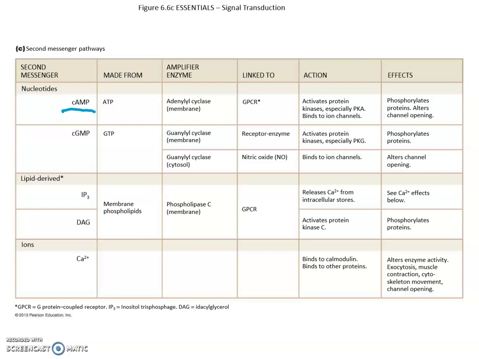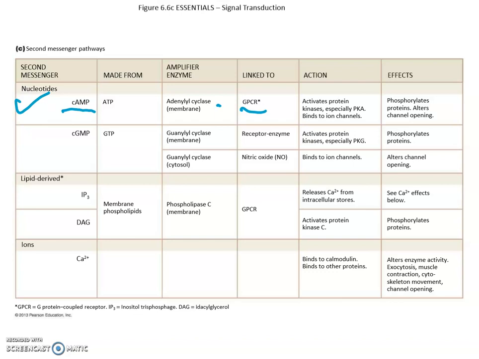Anyway, it's made from ATP, and the enzyme that's manufacturing the cyclic AMP is called adenylate cyclase, this one right here. And that one usually gets activated via a G protein coupled receptor. So this pathway is the most important one for you guys. You need to know this.